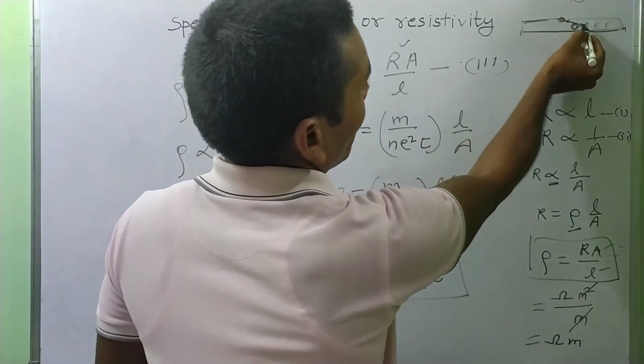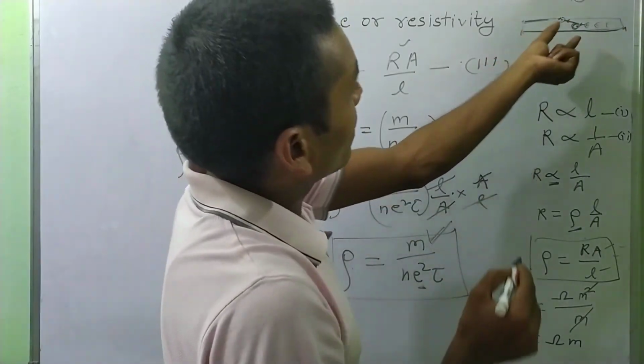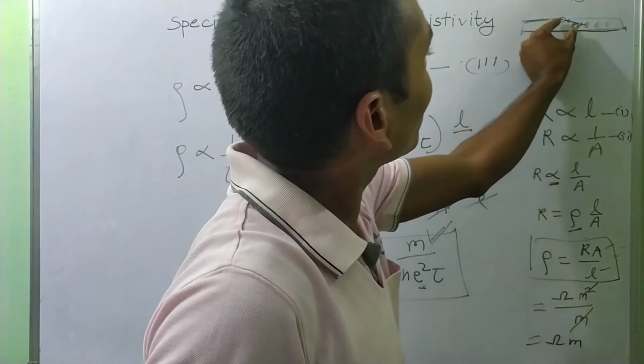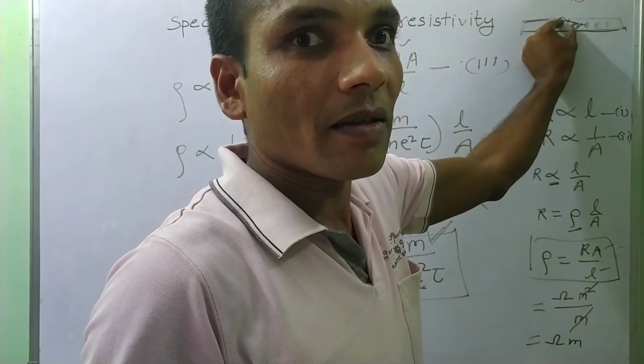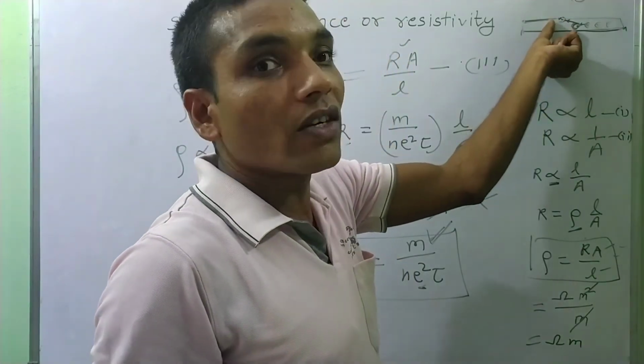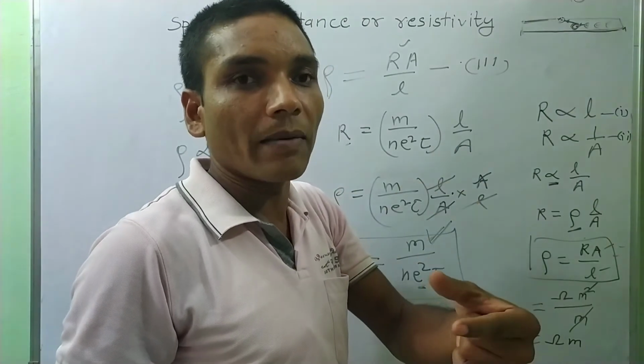Again it will collide with this atom. So the distance traveled by the electron is the shortest distance between two collisions, and the time taken between two successive collisions is called the relaxation time.